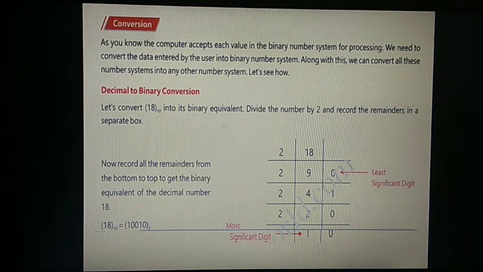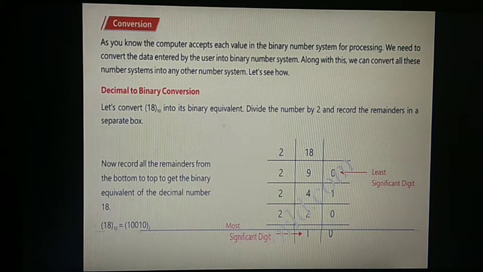So now I am converting my decimal number system to the binary number system. By the term decimal, what will be the base? The base will be 10. By the term binary, what will be the base? The base will be 2. So you are supposed to convert a decimal number to binary.